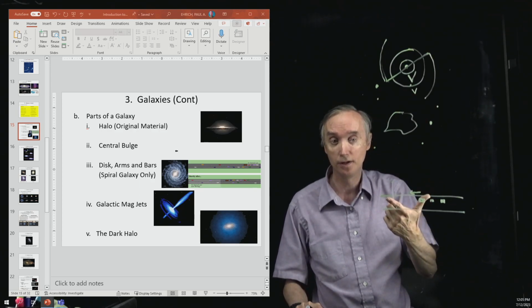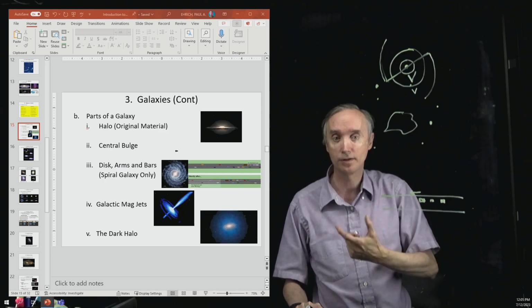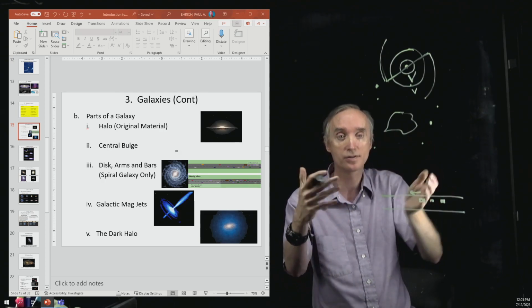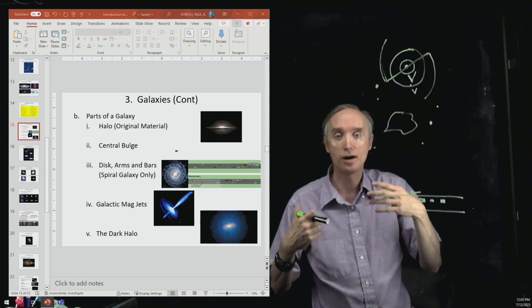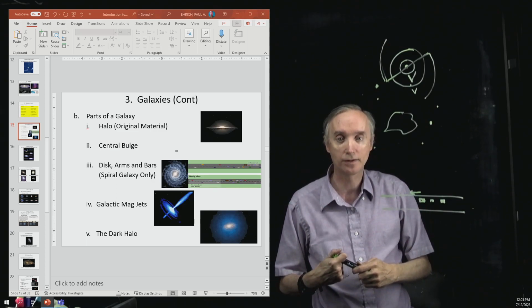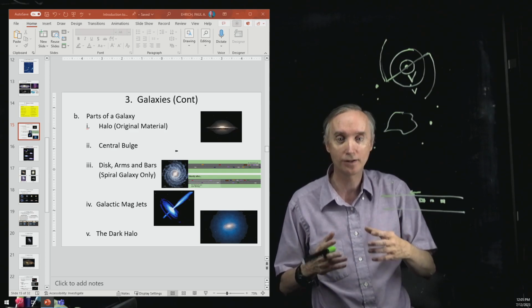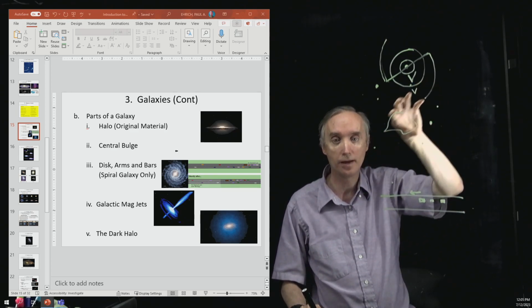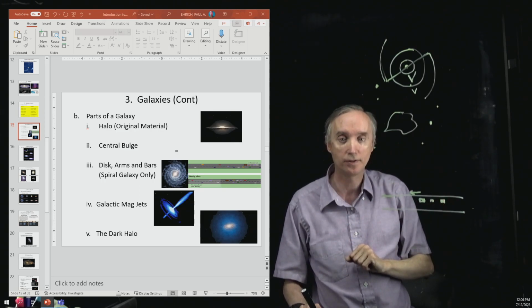Our sun is rotating and it has a magnetic field. So similarly, our galaxy is rotating, so our galaxy is going to have a magnetic field. So it's going to have a magnetic jet that is going out the top and the bottom of the galaxy.